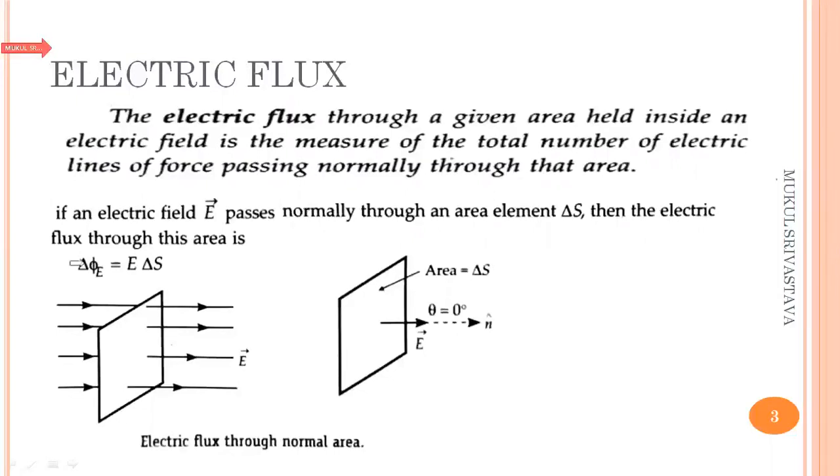If the electric field E passes normally through an area element delta S, the electric flux through that area is given by delta phi suffix E equals E delta S. You can say that the electric flux is equal to the product of the magnitude of the electric field and delta S, the area of the surface, or the area element.